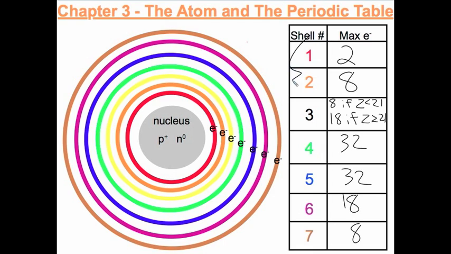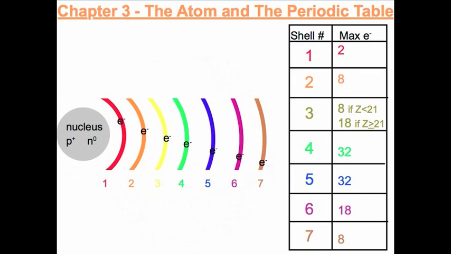To start, we're going to only be dealing with elements that are atomic number 20 or less. We'll bring in the bigger shells a little bit later. We don't have to draw full circles.